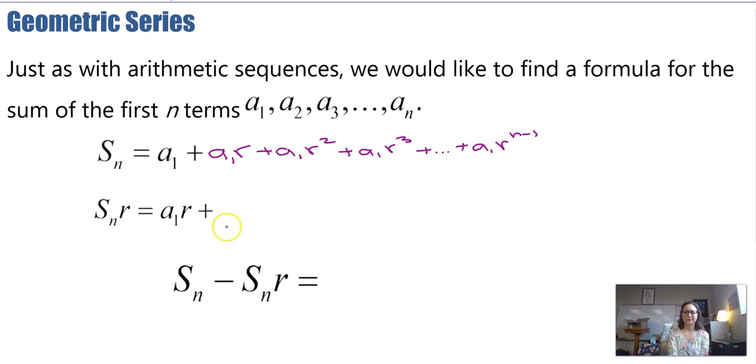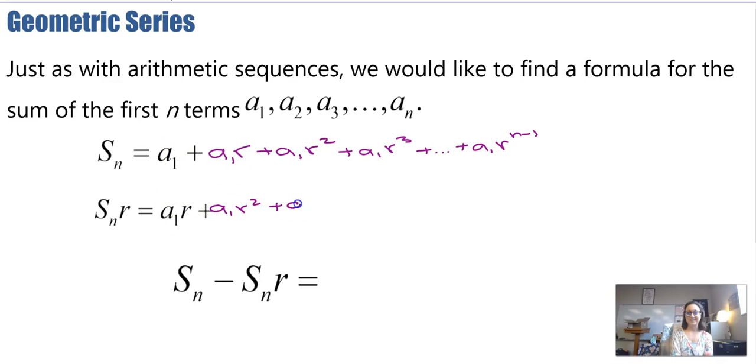Okay, now we're going to do something that's going to look a little bit weird at first, but I think you'll see why we're doing it in just a bit. So now what I want to do is take this S sub n row, so all these terms, and I want to distribute another r through that, okay? So if I take this first term times r, I'd have a sub 1 times r. If I take this term times r, I'd now have a sub 1 times r squared.